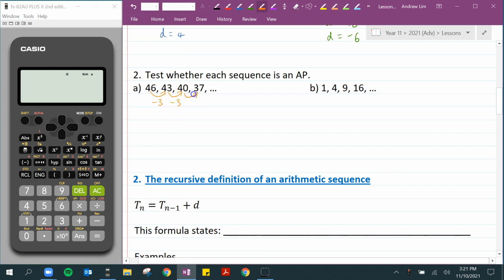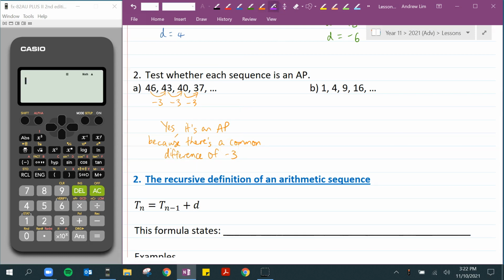Minus 3, minus 3. So yes, it's an AP, because there's a common difference of minus 3.